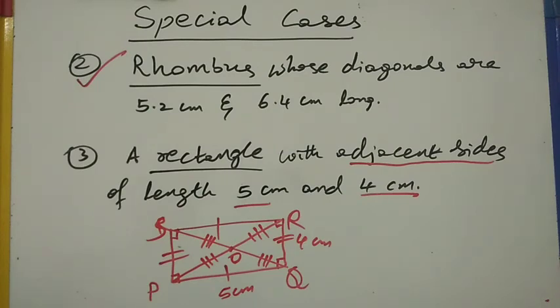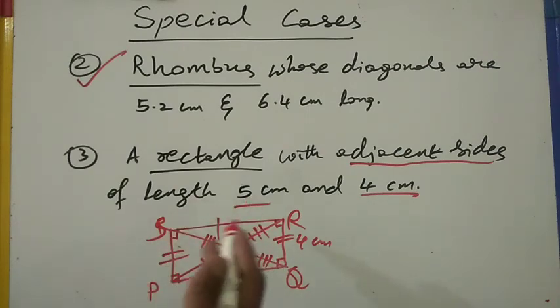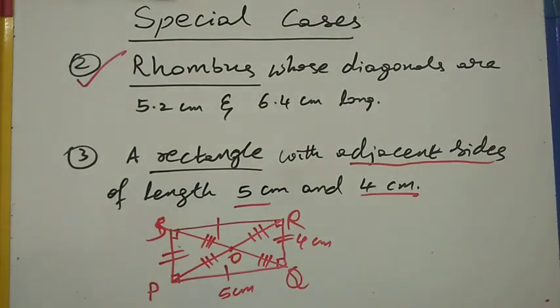Here we have been given the length of two adjacent sides, that means you know the rest of the other two sides and you know the angles. You can use either SAS or ASA and construct this rectangle. So, I am giving these two cases as homework for you, which are from exercise 4.5. Okay. So, these are the two special cases, and we have one more last special case.